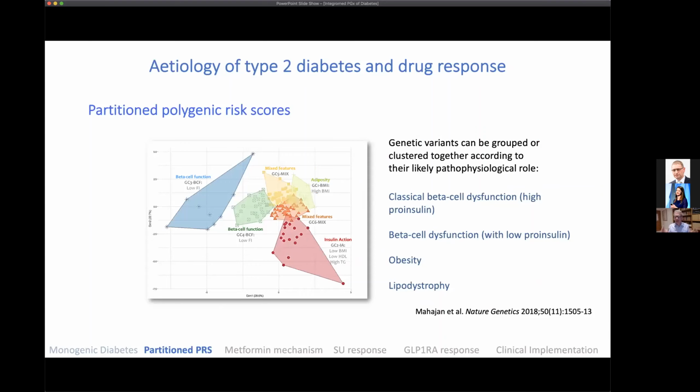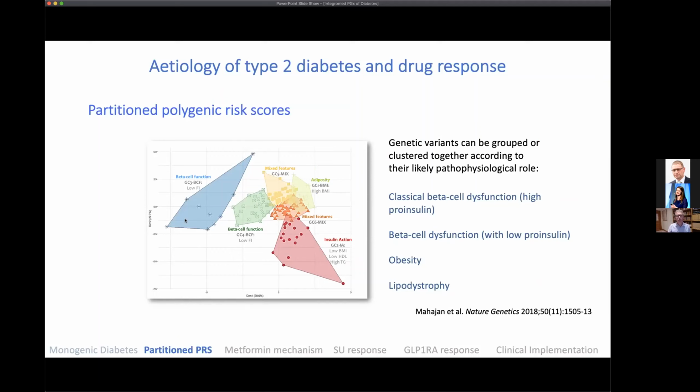One of the latest type 2 diabetes genetics papers is from Anubha Mahajan in 2018, which was a case control of about 1 million people and found over 400 diabetes associated risk variants. Within that paper, what Anubha did was also look to ascribe function to many of these SNPs and group them together according to their pathophysiological role.